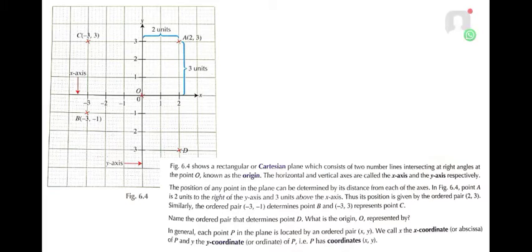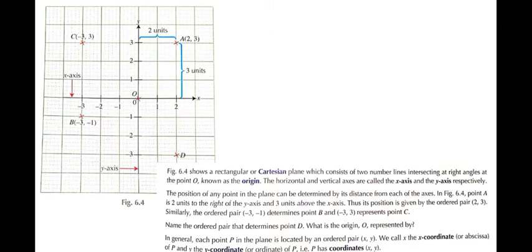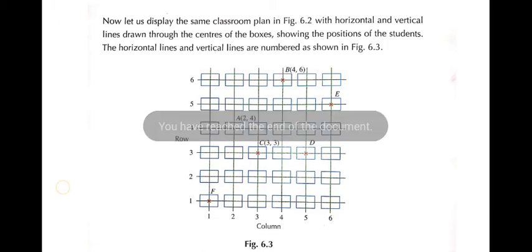We call x the x-coordinate or abscissa of P, and y the y-coordinate or ordinate of P. For example, P has coordinates x,y. The important thing here is it's always x,y.